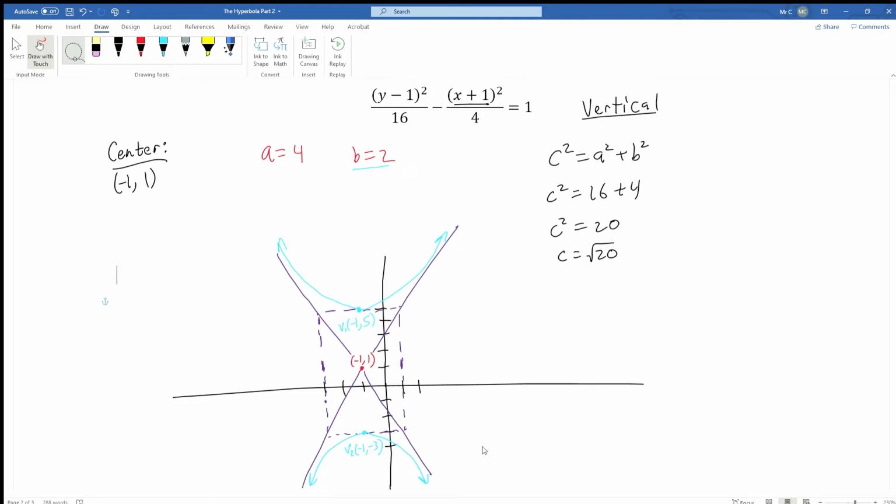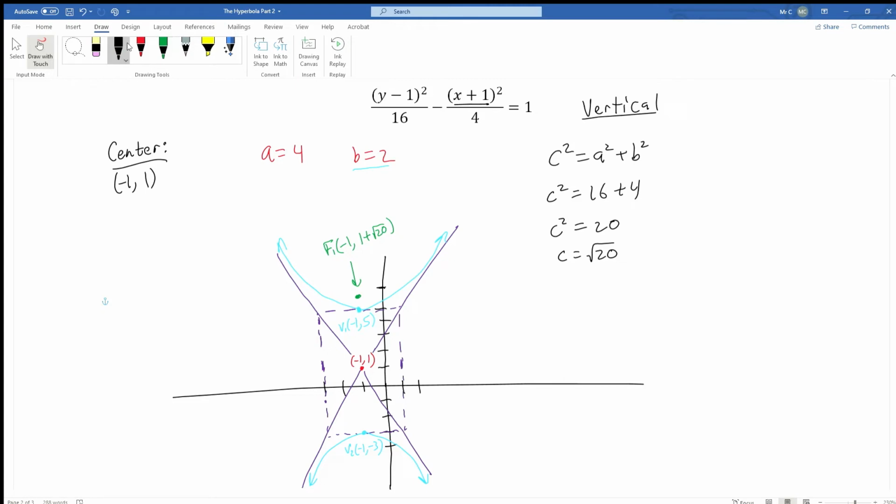So we're going a distance a little bit larger than 4 away from our center. So if I go to plot this here, I'm going to get one of my foci at -1, and then I'm going from 1, my y value, plus the distance c, which is the square root of 20. Doesn't work out nicely, but that is it.